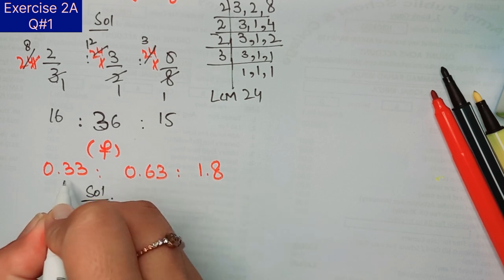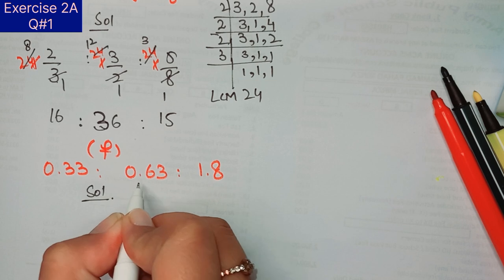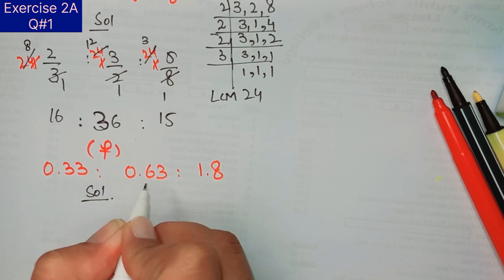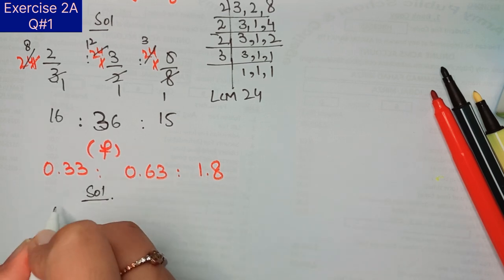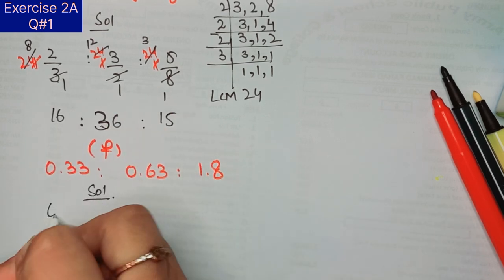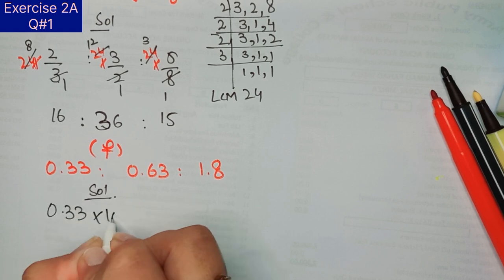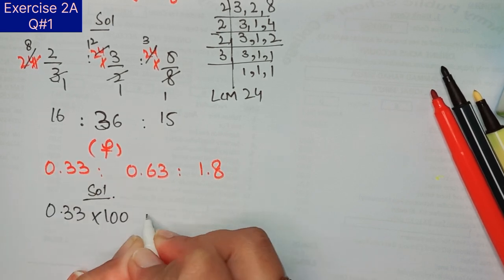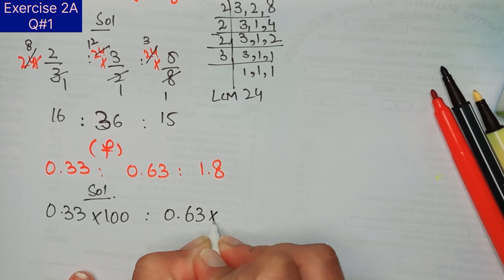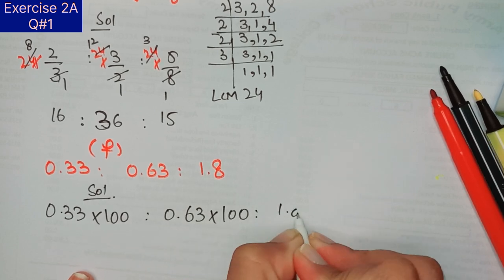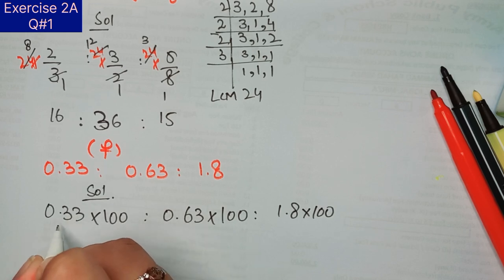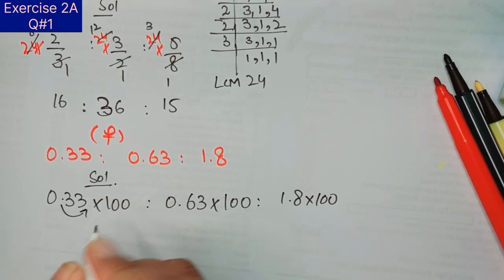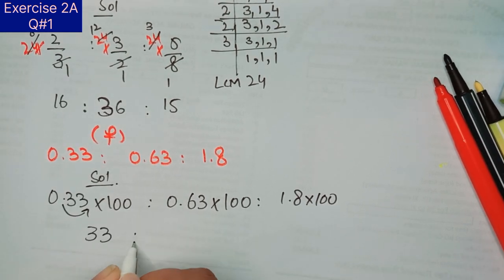After the decimal point we have 2 digits here, and here after the decimal we have 1 digit. So we will multiply it by 100, because here we have 2 digits and here we also have 2 digits. So हम इसको 100 के साथ multiply कर लेंगे. You know कि 100 से जब हम multiply करते हैं, so the point will shift towards the right in multiplication.